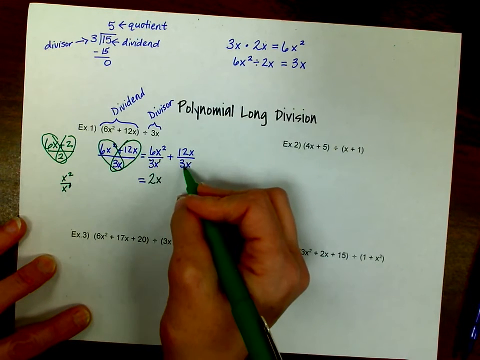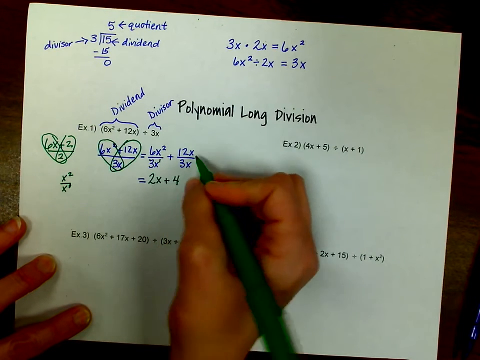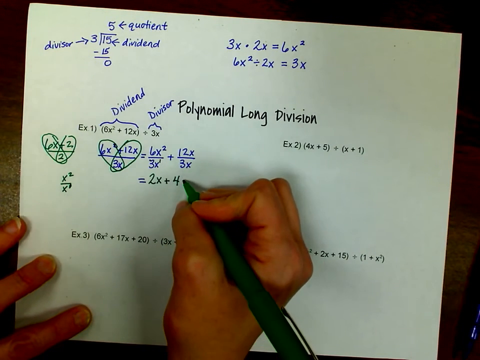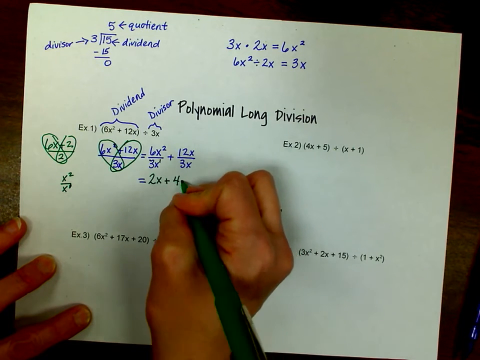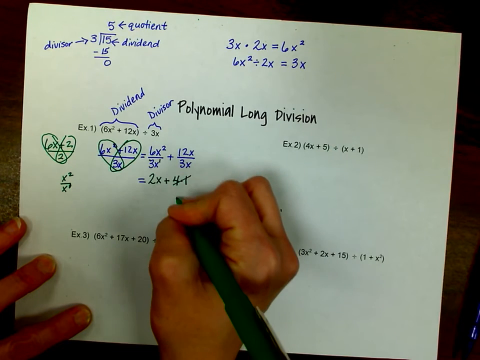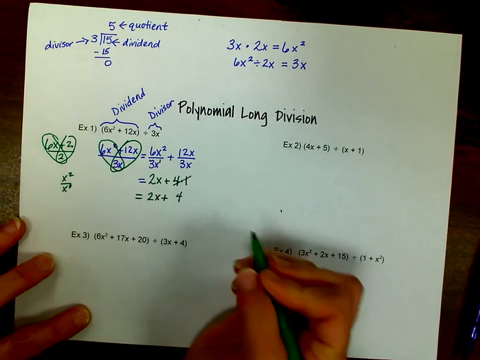And then when you do 12x divided by 3x, 12 divided by 3 is 4. X divided by x just makes 1 whole. So it's like 4 times 1, and we don't really have to have the 4 there. So we can just cross that out, and our result is 2x plus 4.